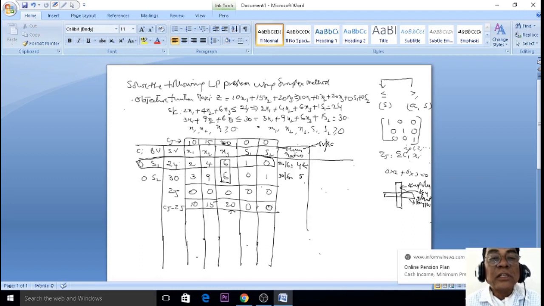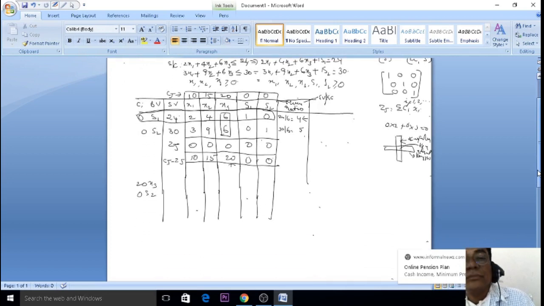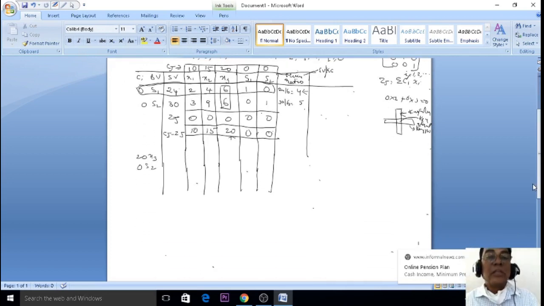The top value is 20 x2, so please write down 20 x2. The remaining value, 0 s2, stays as it is. Understand?